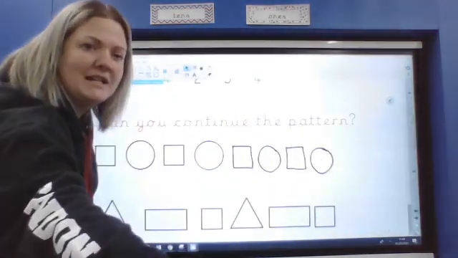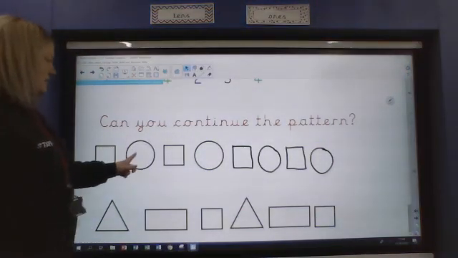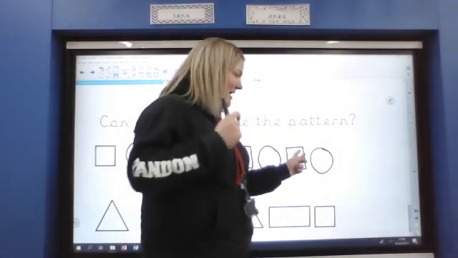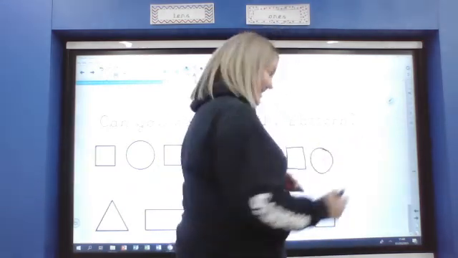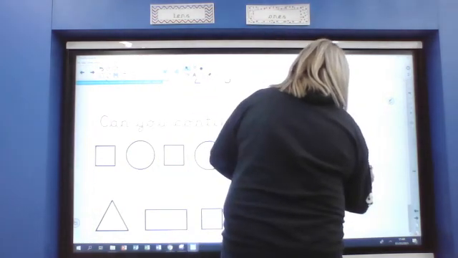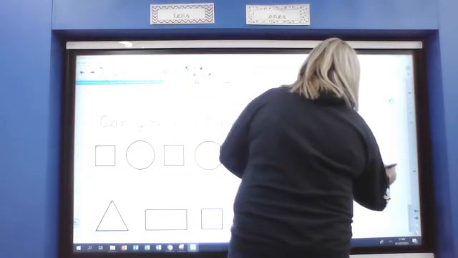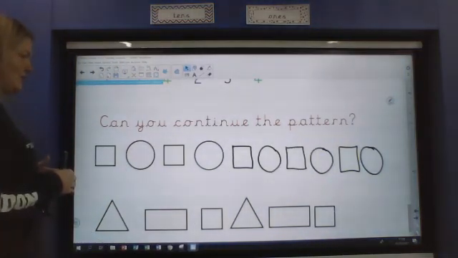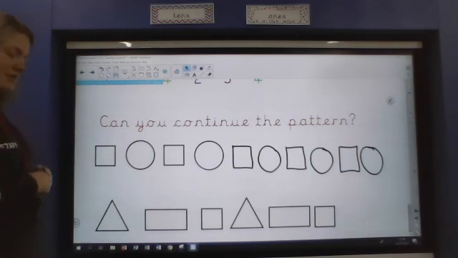Let's try again. Are we ready? Square, circle, square, circle, square, circle, square, circle. Well done. Square, and then a circle. So I've repeated that sequence of those shapes to make a pattern.